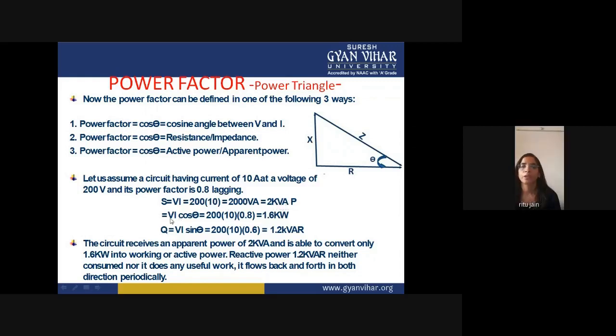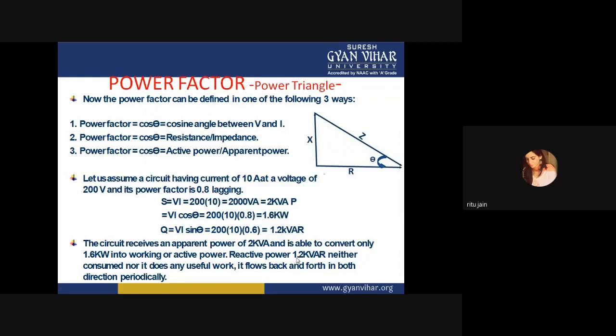Next is VI cos phi, which is 200 into 10, and cos phi is given as 0.8. So your active power is 1.6 kilowatt, and Q is equal to VI sin phi. So your reactive power is 200 into 10 into 0.6, which is equal to 1.2 kilovolt ampere reactive.